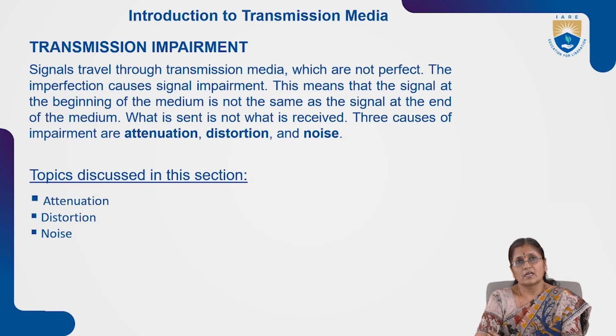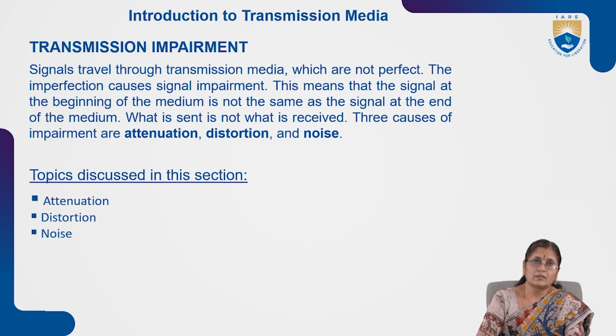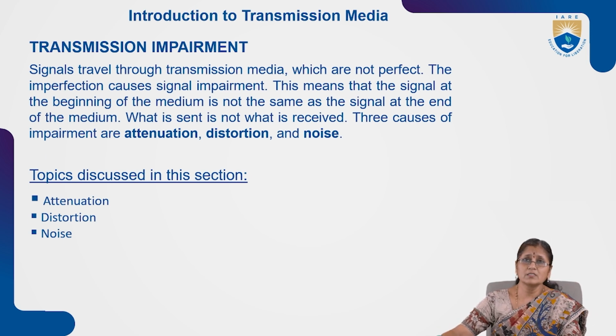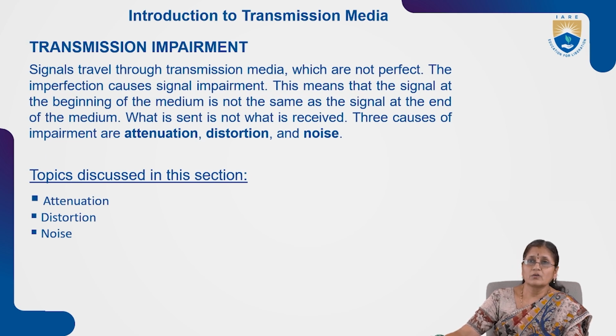Whatever data is in the form of signals travels through the transmission media. When they are transmitted, they are not perfect, because there are several causes of imperfection. That imperfection is known as signal impairment.